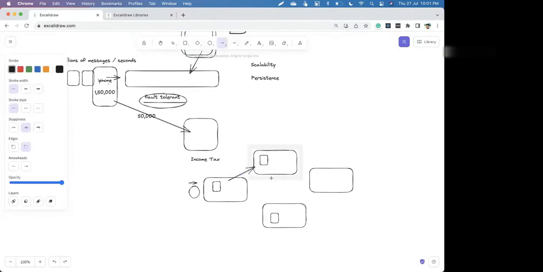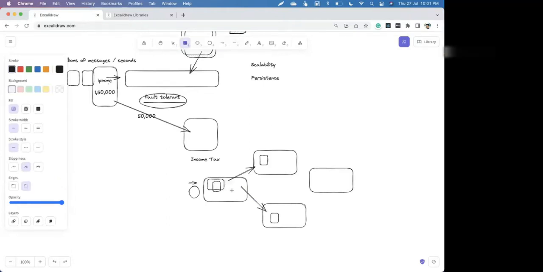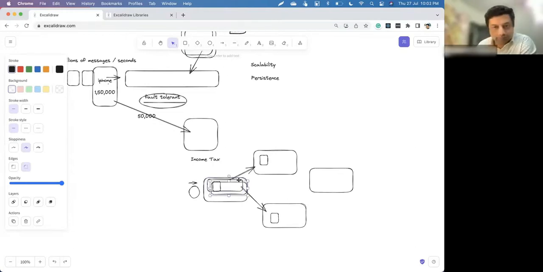It will take care of sync and replication so that the message will not be lost. Okay. Right. So we'll discuss that in more detail in the next class.